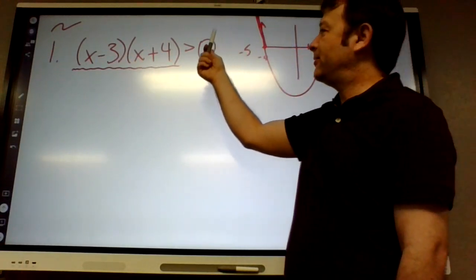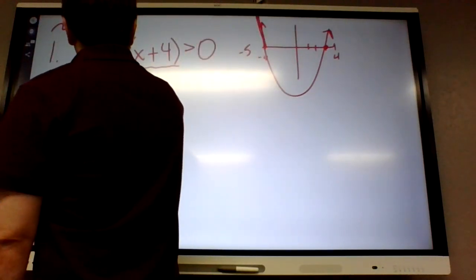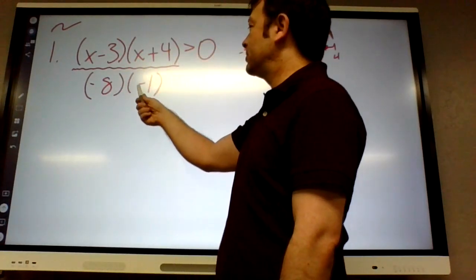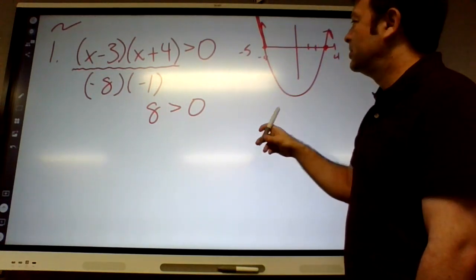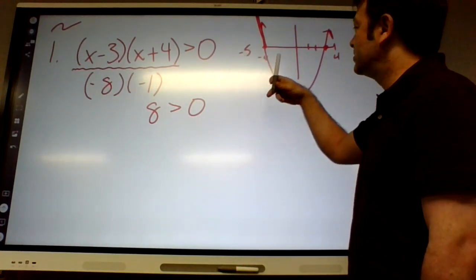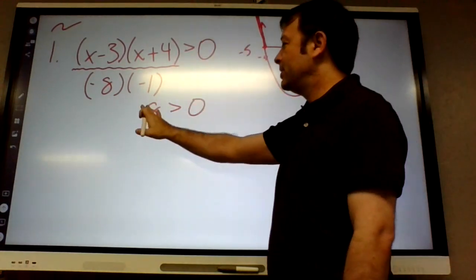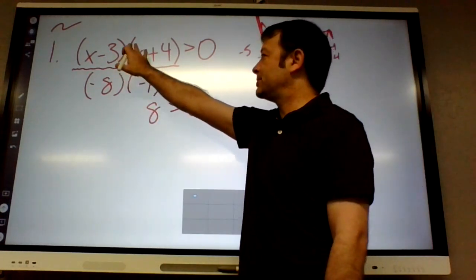If I plug in -5, I get -8 times -1. -5 plus 4 is -1, which is +8, which is greater than 0. So when x is -5, that's going to be a solution. Or -6, or -7. These numbers will just keep getting bigger over here if I plug in -6, -7, -8.